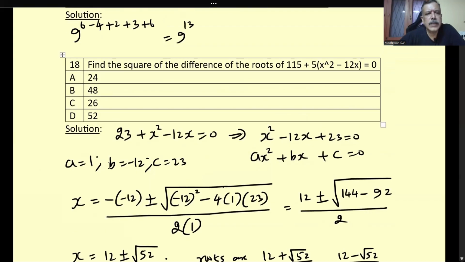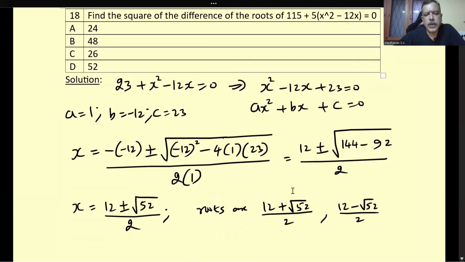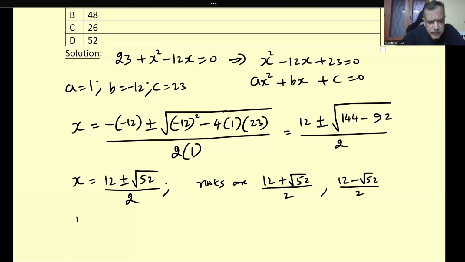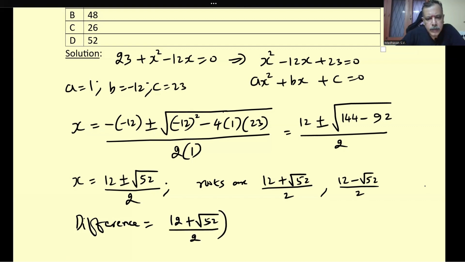Here the question is the square of the difference of the roots. First we will see the difference. Here it is 12 plus root 52 divided by 2 minus 12 minus root 52 by 2. So the denominator is common, so straight away we can subtract the numerators. 12 and 12 get cancelled.